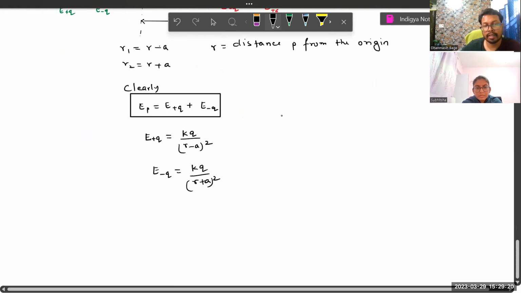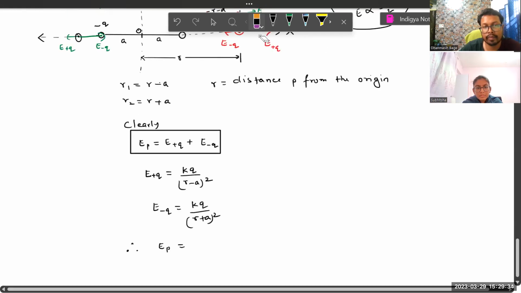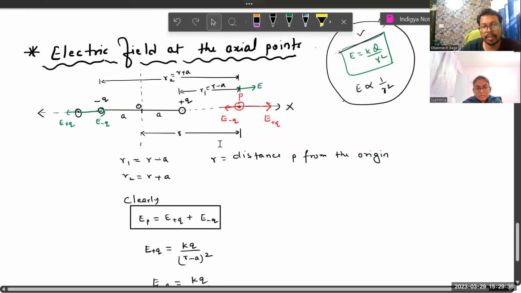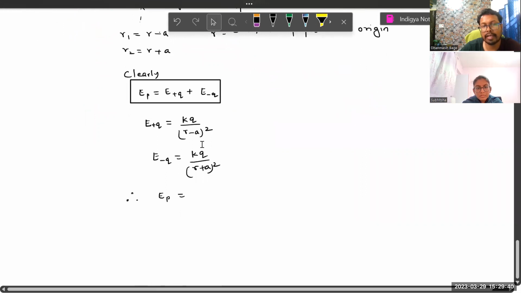Now it's very simple. Therefore, EP is equal to E plus Q plus, okay, now let us just do this thing. Should we plus it or minus it? Which one is greater? E plus Q is greater, right? And they are in opposite direction.